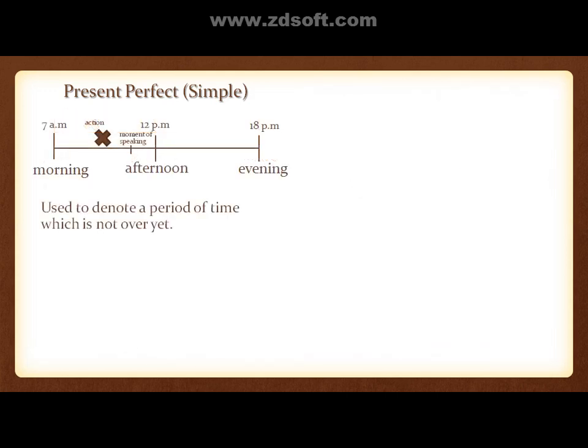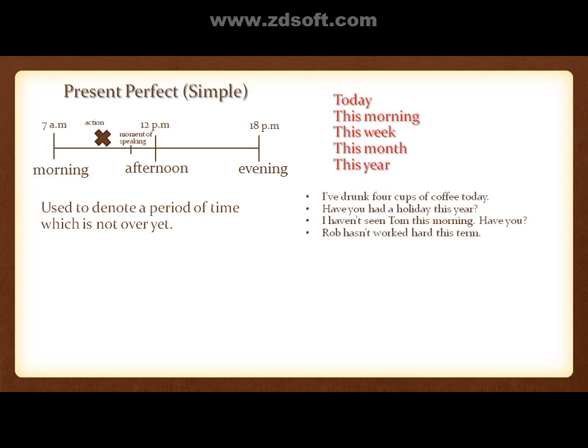We also use the present perfect simple to denote a period of time which is not over yet. In this case we use expressions like today, this morning, this week, this month, this year. I have drunk 4 cups of coffee today.